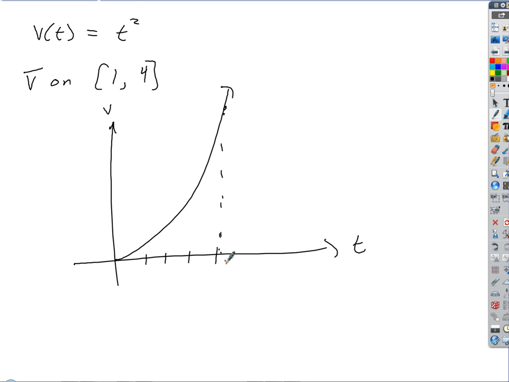So it's displacement, isn't it, right? So the area under the curve is displacement, right? So from 1 to 4, that's the displacement, right? So how would I find average velocity if I know displacement and I know time?